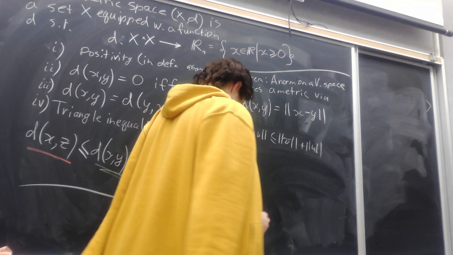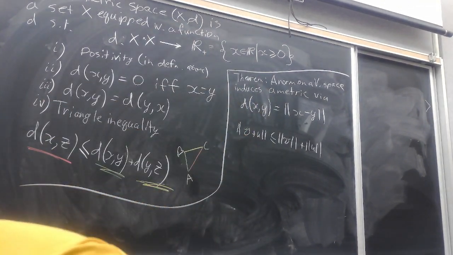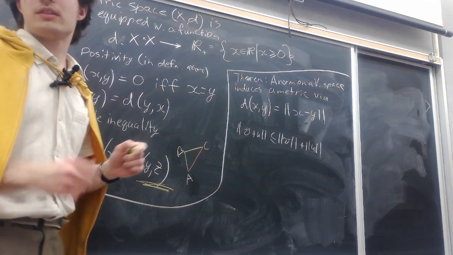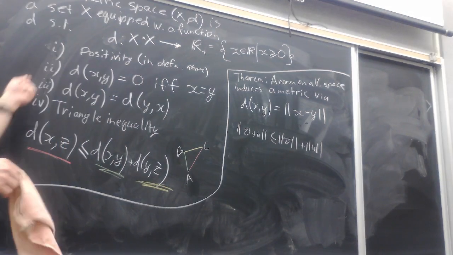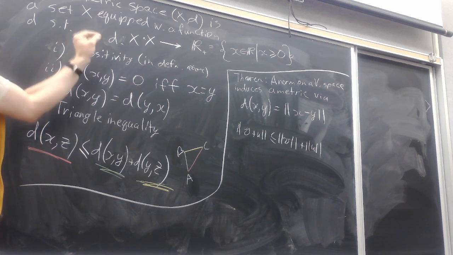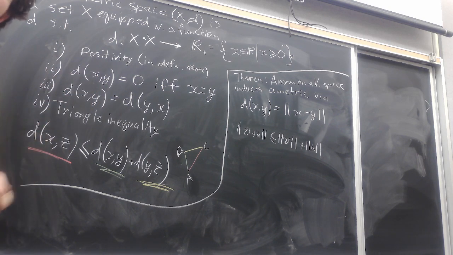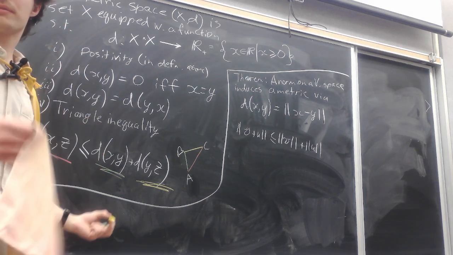So you have this whole idea that you can add vectors together. The norm is something that's only on a vector space. A metric, however, can be defined on any set. But it turns out that if you have a vector space with a norm, that automatically gives you a metric.